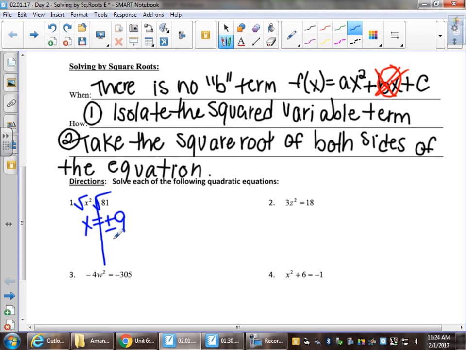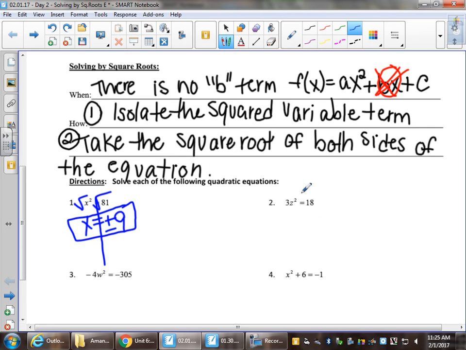Did everyone hear Maya? Why do you have to write plus or minus 9? Because positive 9 times positive 9 is 81, and negative 9 times negative 9 is also 81. So both solve the equation.